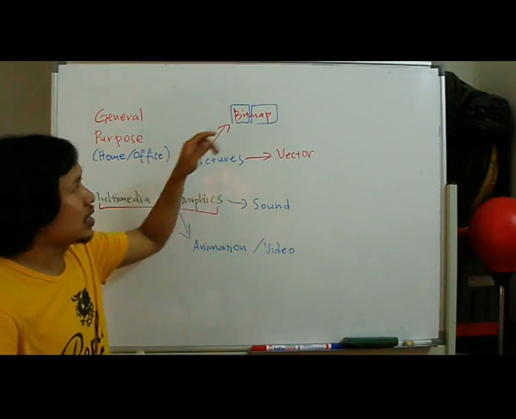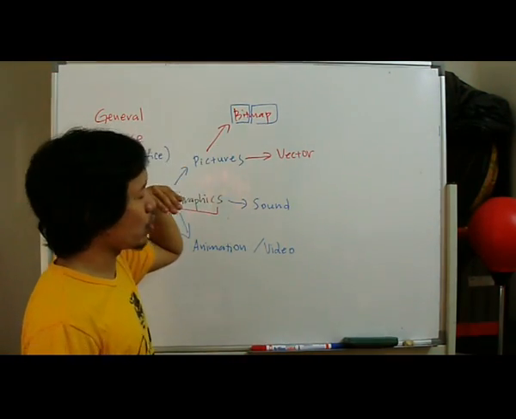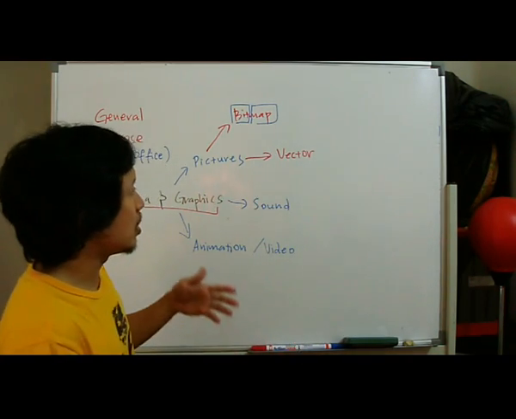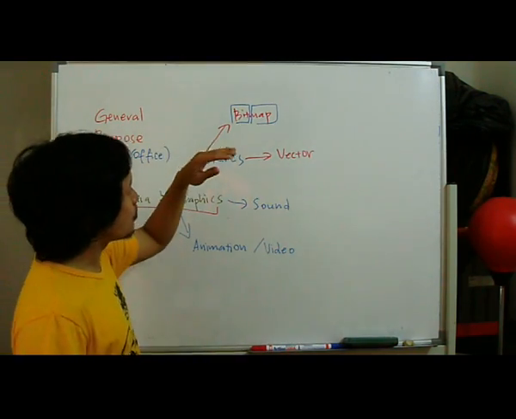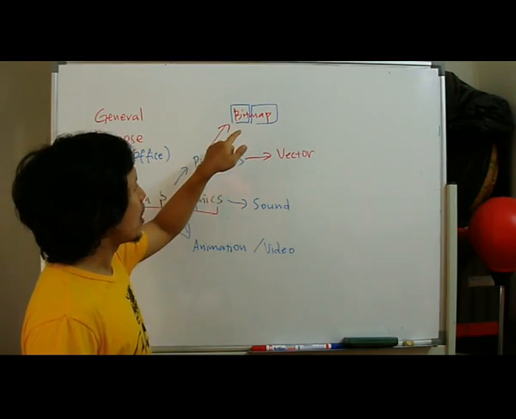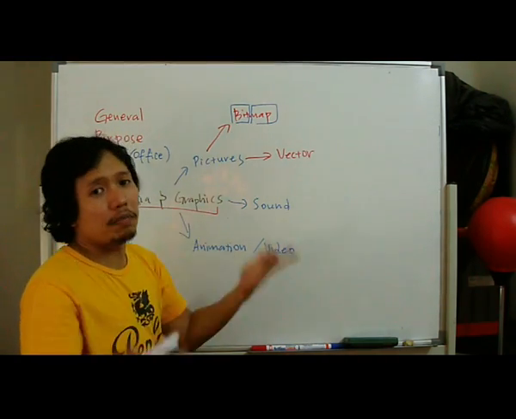So what are bits? If you still remember from when we learned about monitors and printers, you learn about pixels, you learn about dot pitch, etc. So pixels are picture elements, and these are basically the dots that actually create a picture.